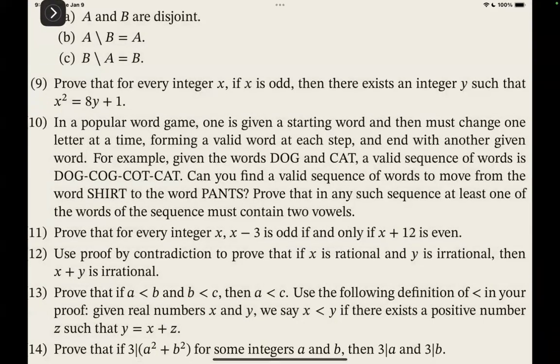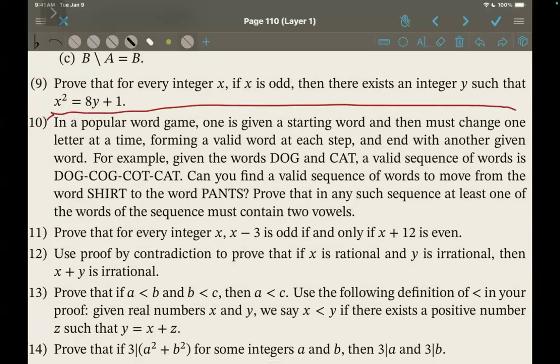In a popular word game, one is given a starting word and then must change one letter at a time, forming a valid word at each step, and you end with another given word. So if you're given dog and cat, you want to change one into the other. You could change the D to a C, so dog into cog, the G to a T, cog into cot, and then the O to an A, cot into cat.